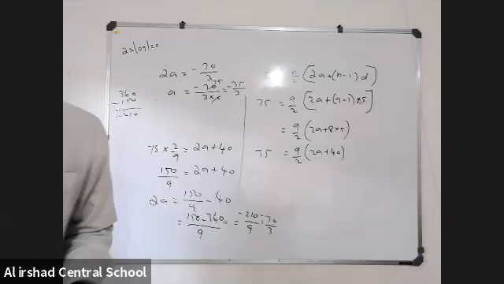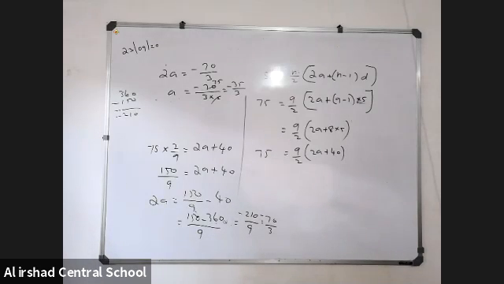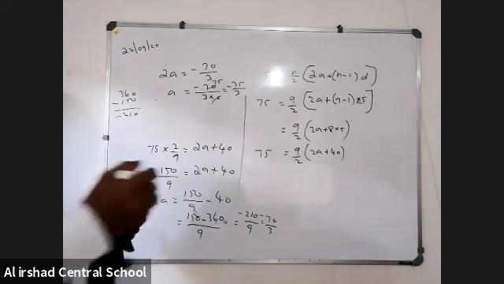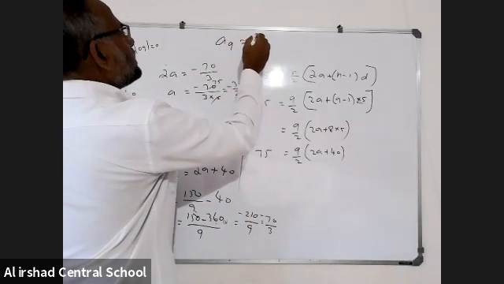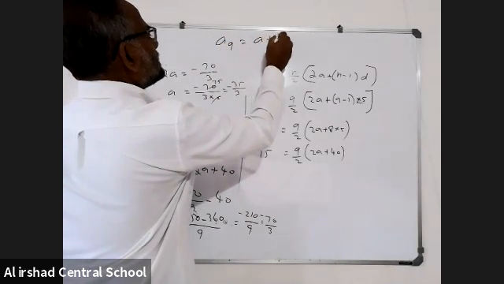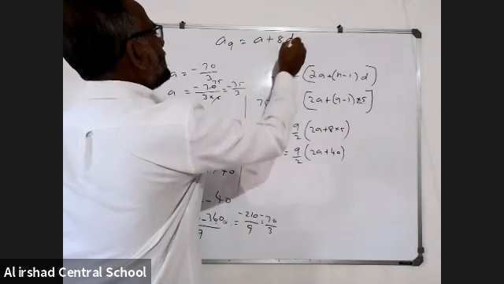So next, find a9. an is equal to a plus n minus 1 into d. a9 is equal to a plus 8d.